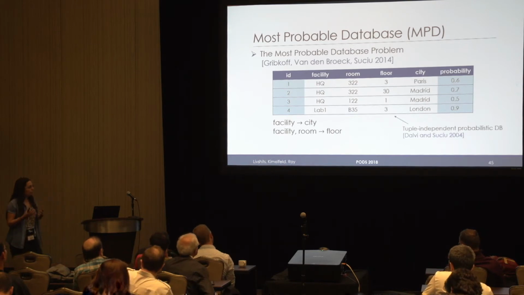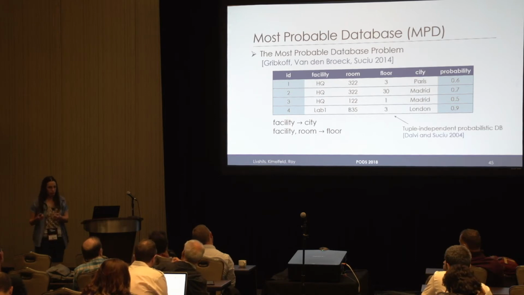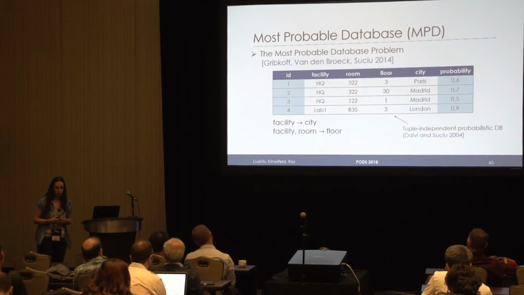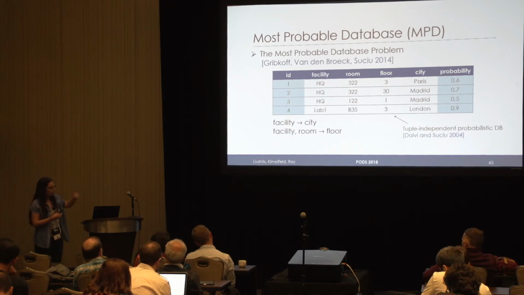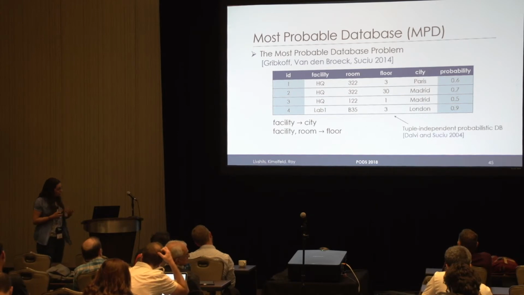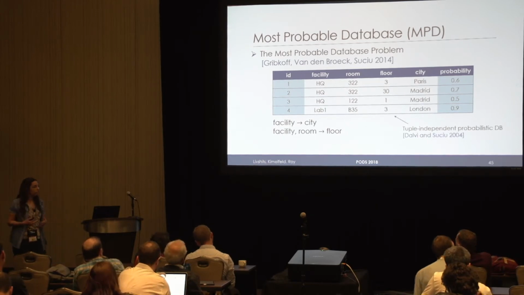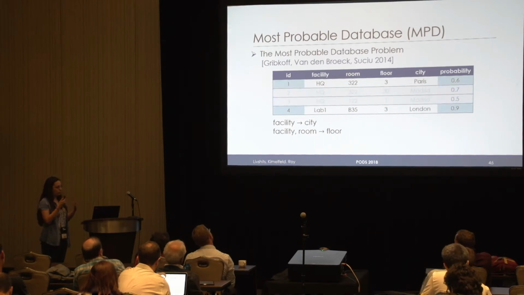Okay, so in each possible world, we can decide for each tuple if we want to select it, and then the probability is the one that appears next to the tuple, or we want to remove it, and then the probability is 1 minus the probability that appears here. So we are interested in the possible worlds that satisfy this set of functional dependencies. Okay, so for example, this is a possible world.